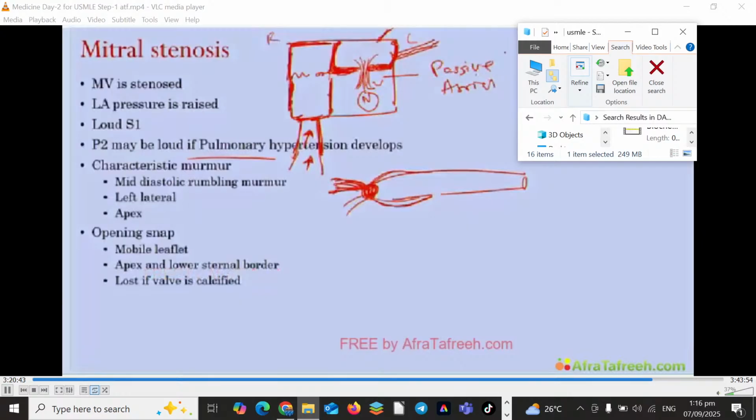But all of it would be the diastole, and hence this sound would be a diastolic sound. It happens during mid-diastole and it is classically described as a mid-diastolic rumbling murmur.